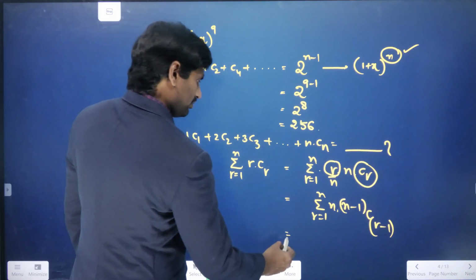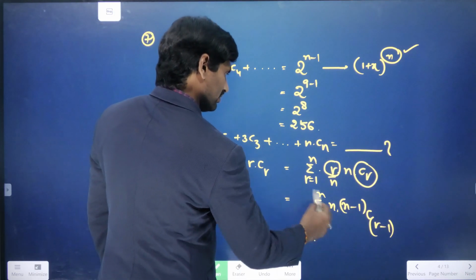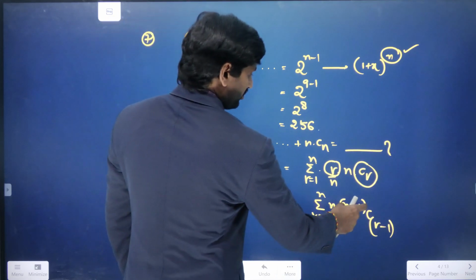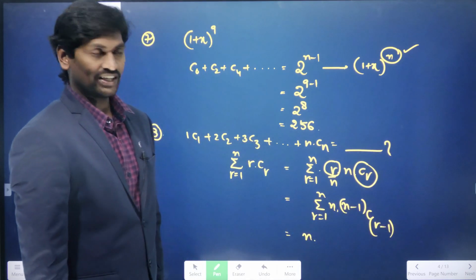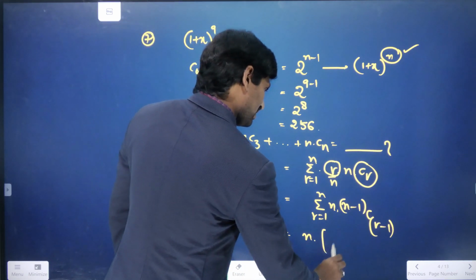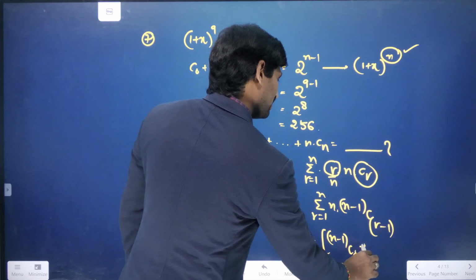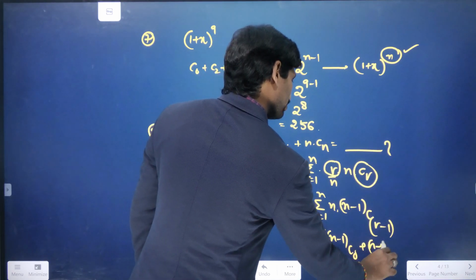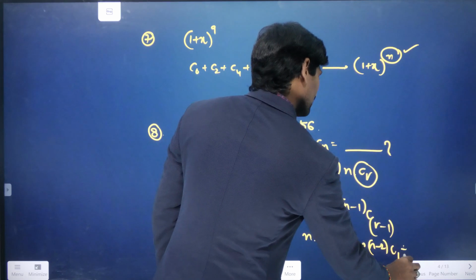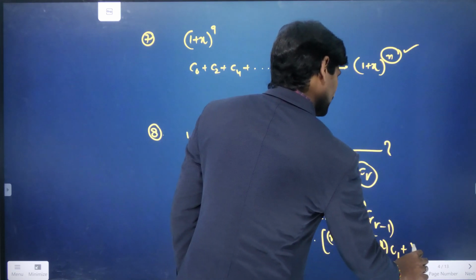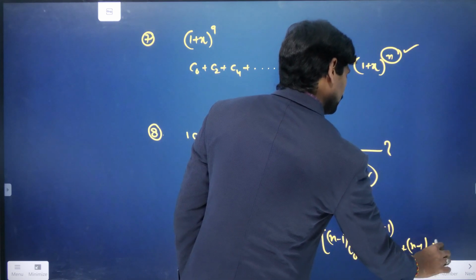That is equal to this n, I can write in front here. So n minus 1 C r minus 1, if you expand like this, it will come n minus 1 C0 plus n minus 1 C1 plus n minus 1 C2 plus and so on.